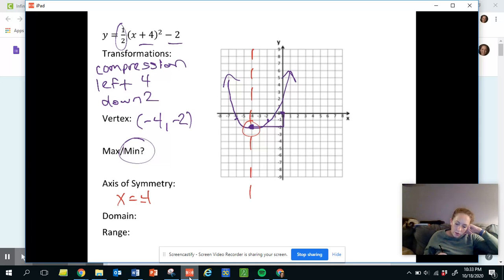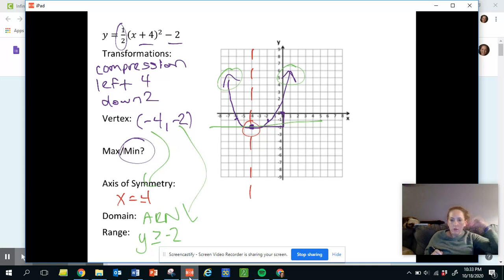The domain, as always, is all real numbers, since I have arrows on both sides. And since everything is above the vertex, my range is that y is greater than or equal to -2. So remember that the vertex tells me the axis of symmetry and the boundary for the range. Just a little helpful hint.